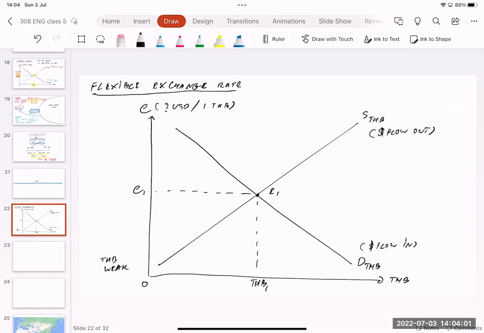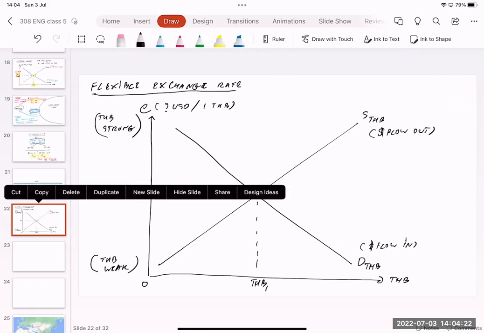If the nominal exchange rate goes up, it means that 1 baht can get more US dollar, so the Thai baht becomes strong. I'll note it down in the graph so that you know E going down means Thai baht weak, and E going up means Thai baht strong. So far so good.